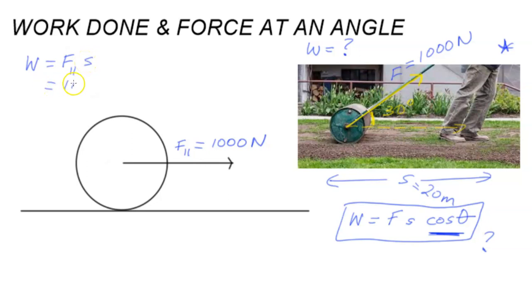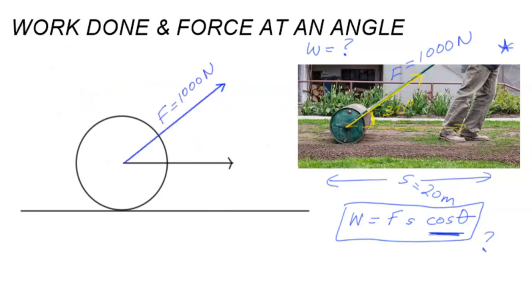So we'd get 1000 newtons times 20 metres is 20,000 newton metres, or 20,000 joules, or you could say 20 kilojoules.